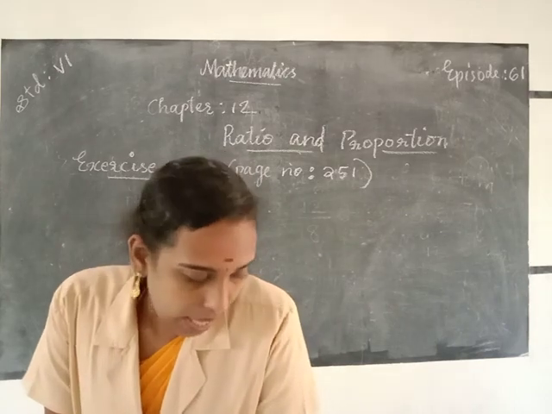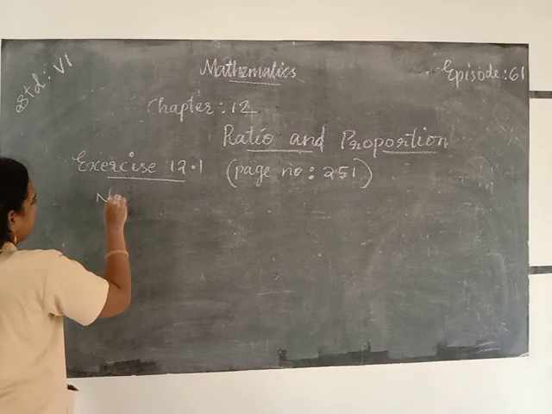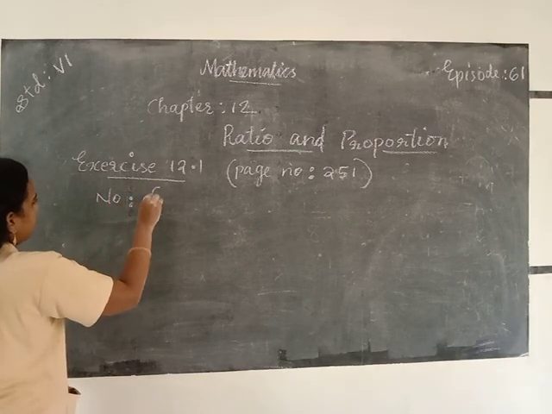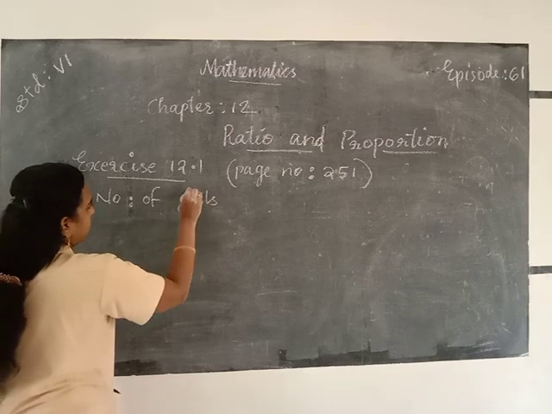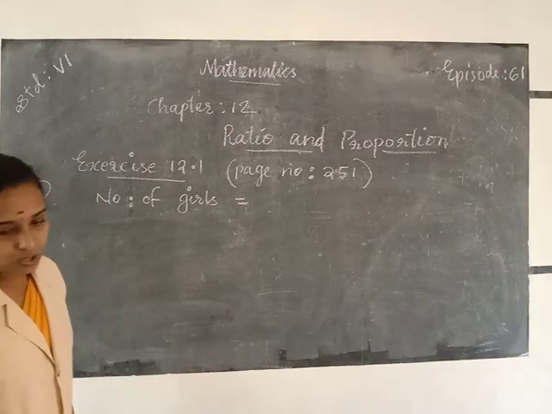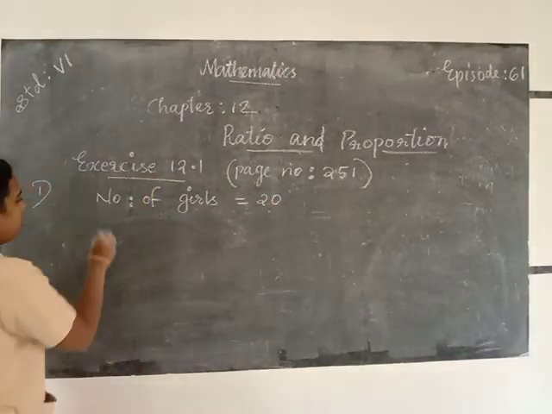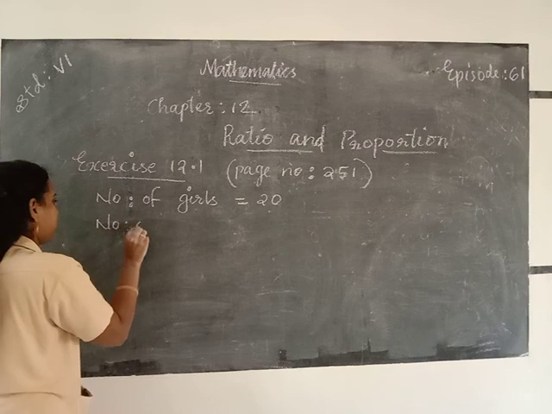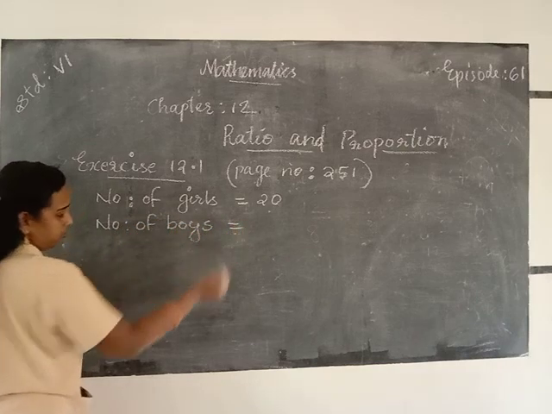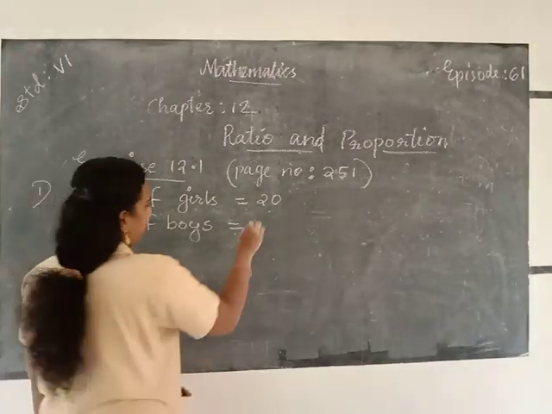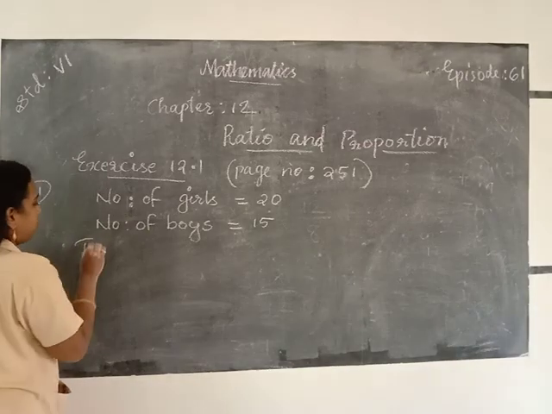Now we write the steps. The number of girls is equal to 20 and the number of boys is equal to 15.